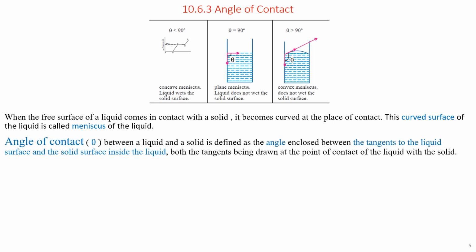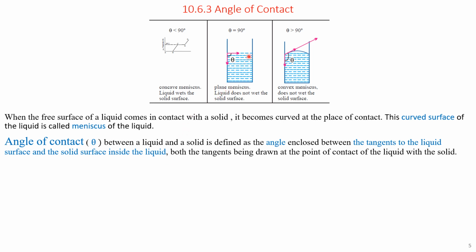The angle of contact theta between a liquid and a solid is defined as the angle enclosed between the tangents to the liquid surface and the solid surface inside the liquid, both tangents being drawn at the point of contact of the liquid with the solid. Please see the figure above.